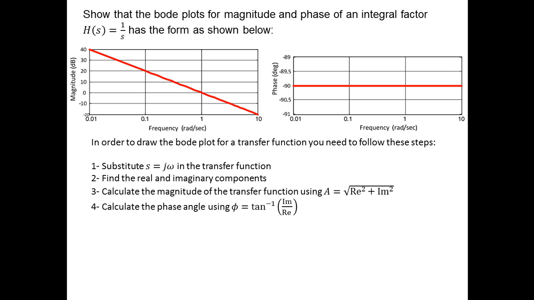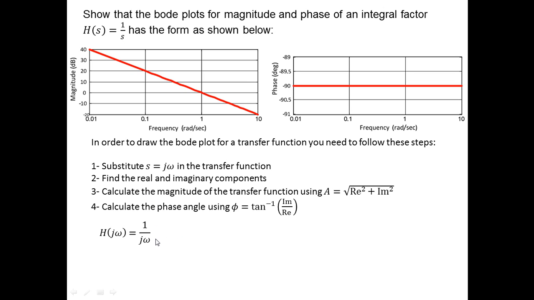For this specific case, the first step is to substitute j omega in the transfer function. Instead of the s, we have the j omega here. The next step is to find the real and imaginary components.